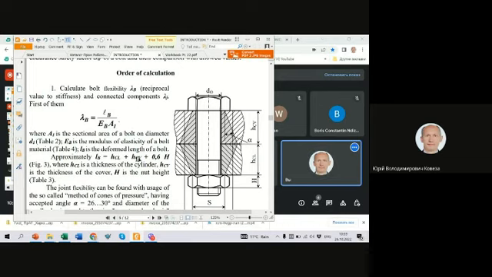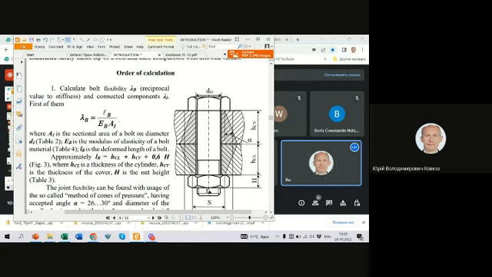It means that only 60% of the nut height takes part in deformation, or half the nut and this portion are not deformed.